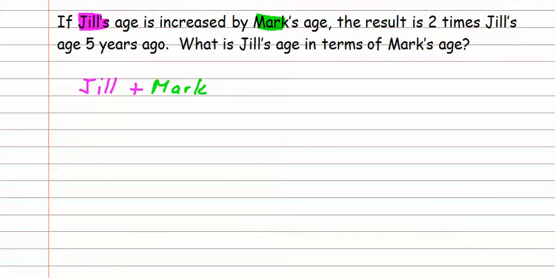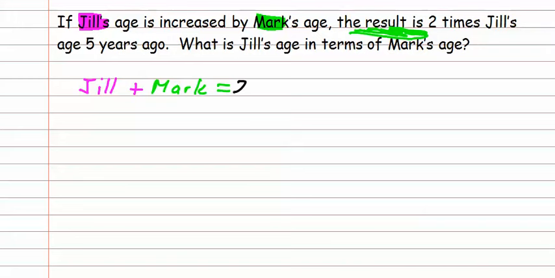The result, when we say the result is, mostly it's just the word is, but the result even makes it more obvious, that means equals. The result is, what is it? It's 2 times something.